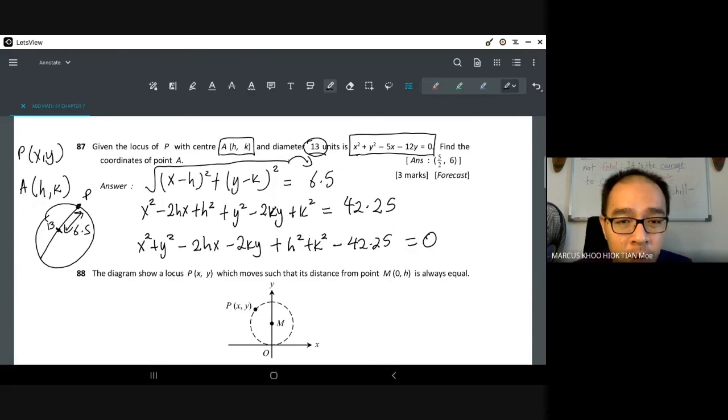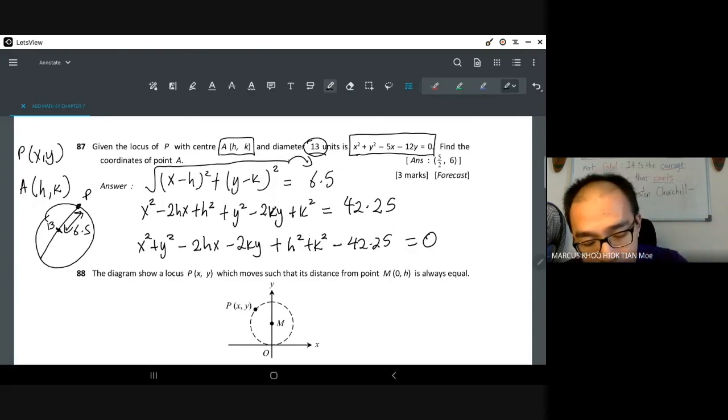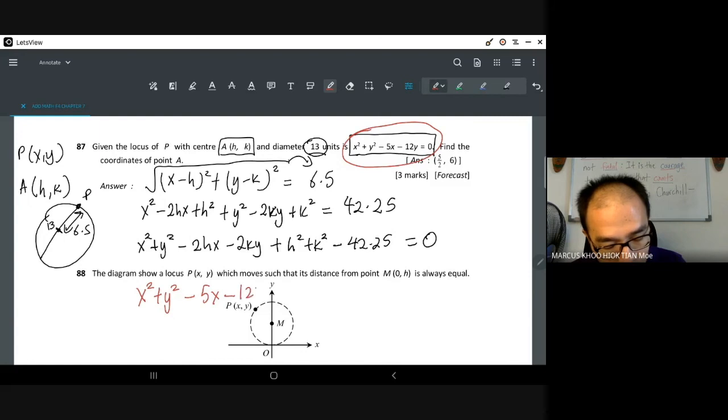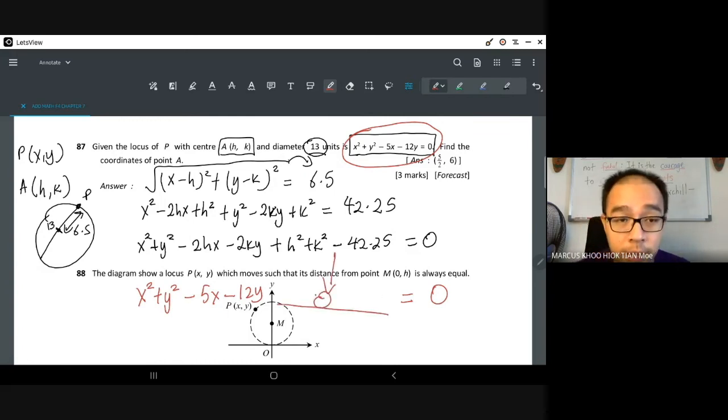Now let's compare it with this, because this is the final answer already. Don't have h and k. Let's compare. x squared plus y squared minus 5x minus 12y equals 0. So the whole thing over here is missing. This one equals 0, no need to say. But when you compare this, guys, look, this is x and this is x, right?